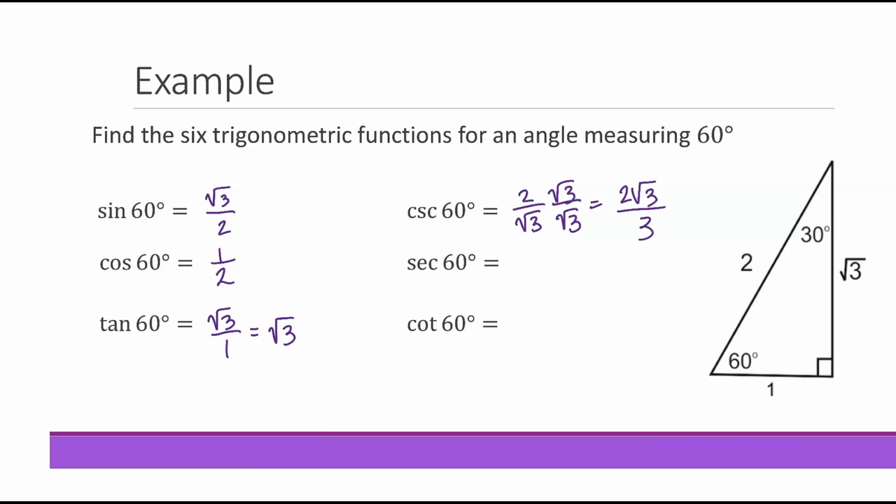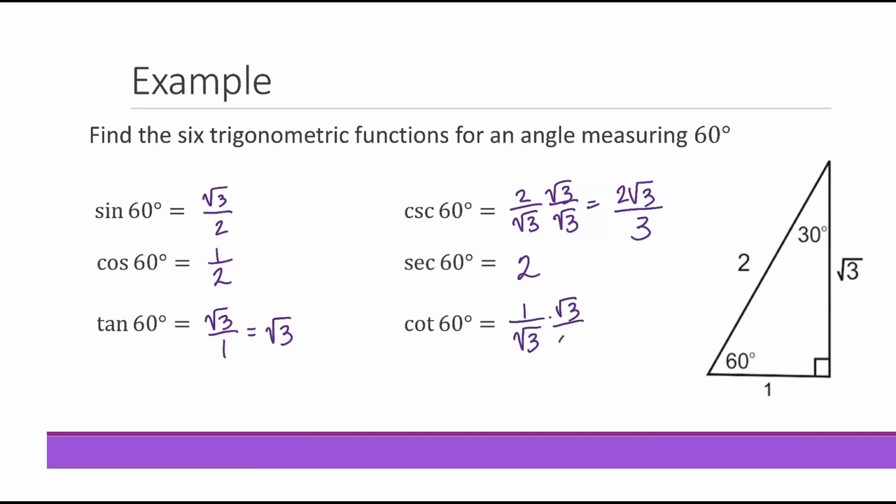We get 2 rad 3 over 3. Here, if we take 1/2 and find its reciprocal, we simply get 2 over 1, which is 2. And then here, we have radical 3, or radical 3 over 1. That's going to give us 1 over rad 3 as its reciprocal. Rationalizing again, it's going to give us rad 3 over 3.